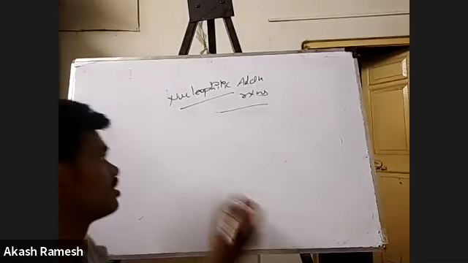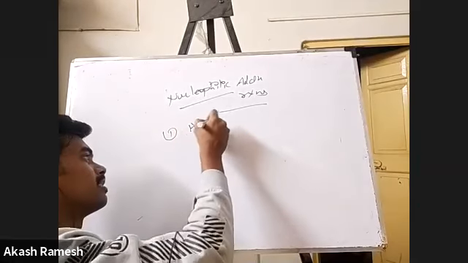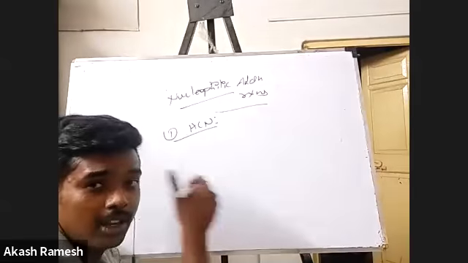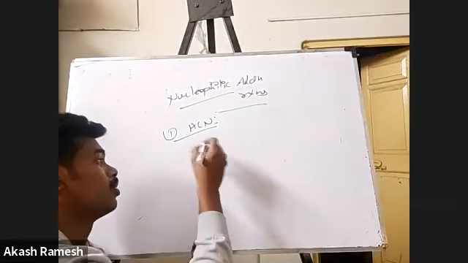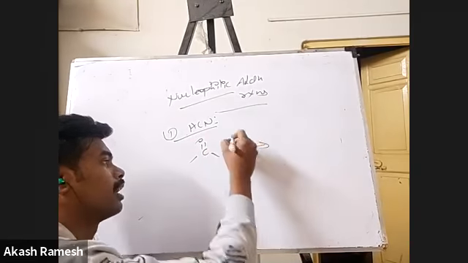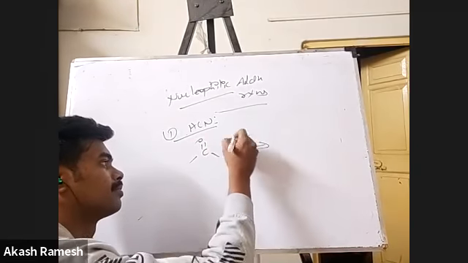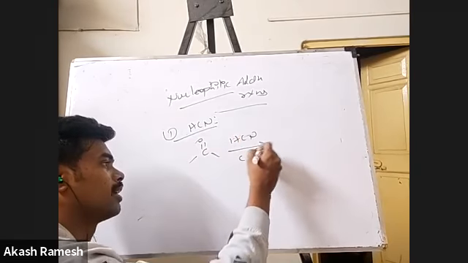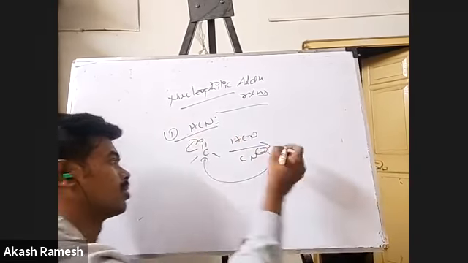First we'll take addition of HCN. This reaction is already there in your books, but still we are seeing it. If I have a carbonyl compound and I put HCN, first the CN minus comes and attacks here, and this goes here.